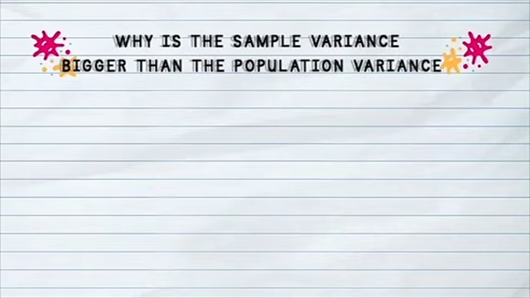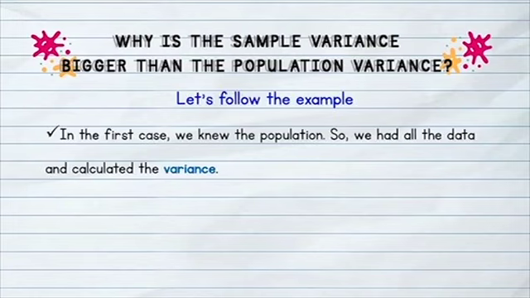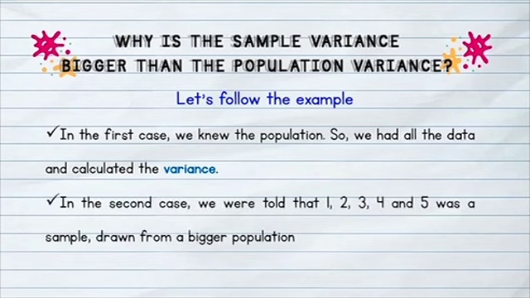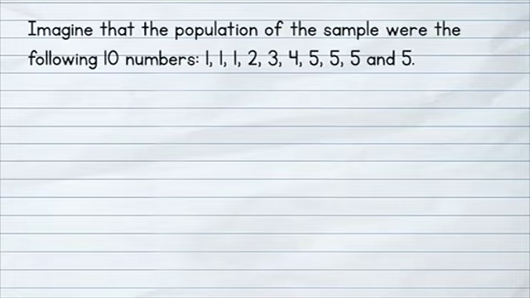Why is the sample variance bigger than the population variance? In the first case, we know the population. That is, we had all the data and we calculated the variance. In the second case, we were told that 1, 2, 3, 4, and 5 was a sample drawn from a bigger population. Now, imagine that the population of the sample were the following 10 numbers: 1, 1, 1, 2, 3, 4, 5, 5, 5, and 5.